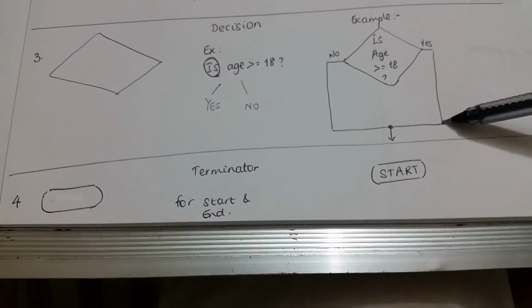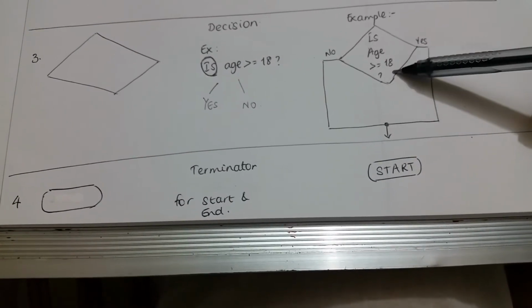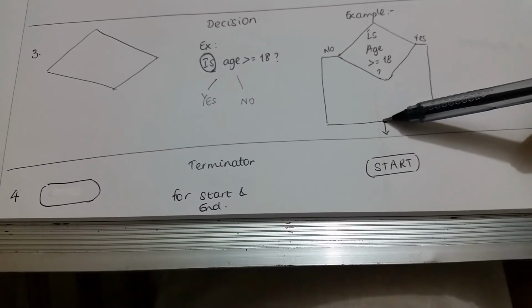This is the rule. So every decision box should have the dot, the meeting point.